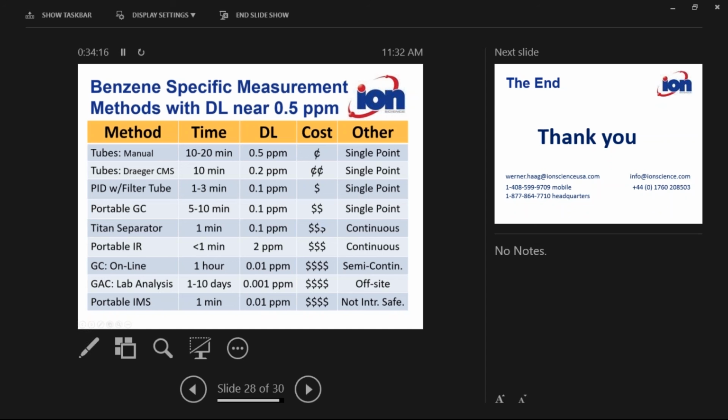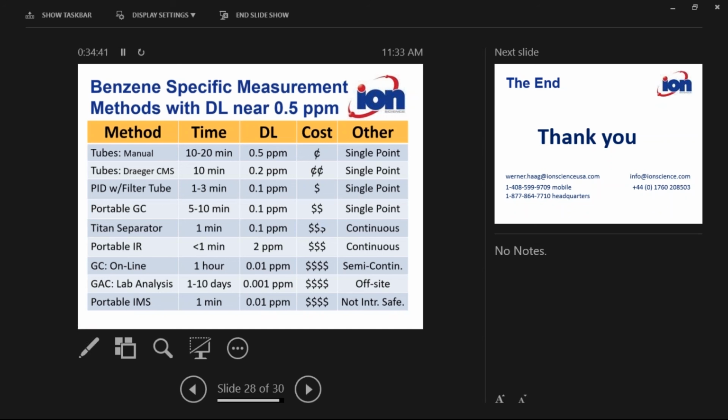You're talking a few $1,000s for the instrument, whereas here you're talking maybe $1,000 or $2,000 for this unit. The portable GC, you're talking more like $15,000, $20,000 for this unit. It gets the same detection limit, but the sampling time again is 5 to 10 minutes.